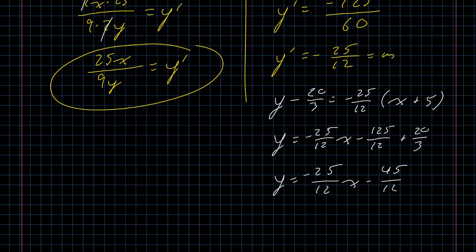And 45 and 12 are both divisible by 3. So that's going to be 15 over 4.